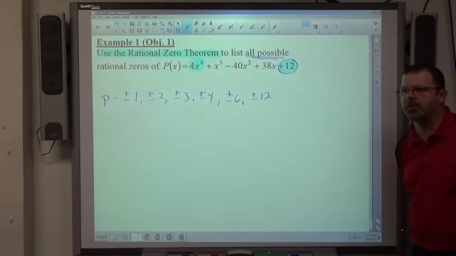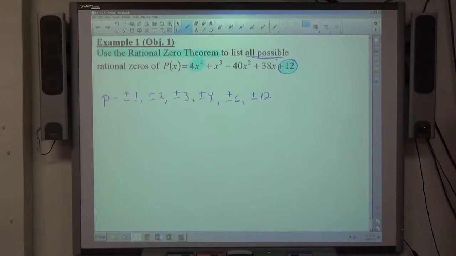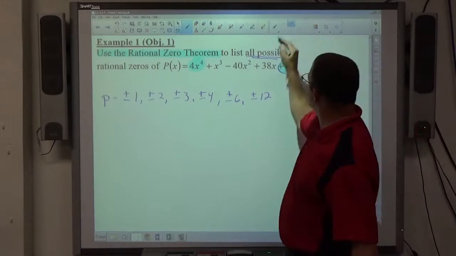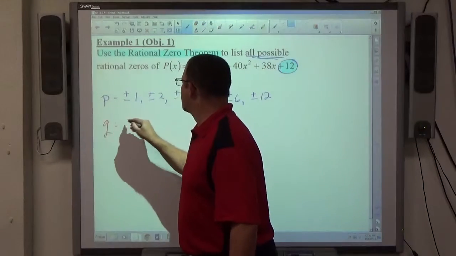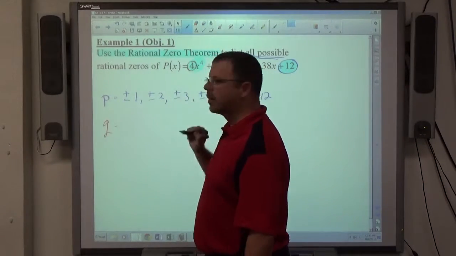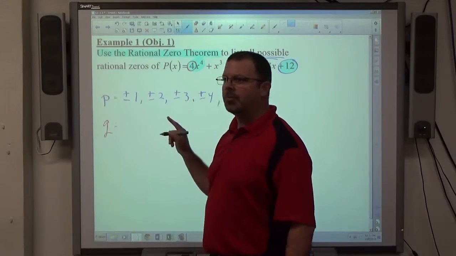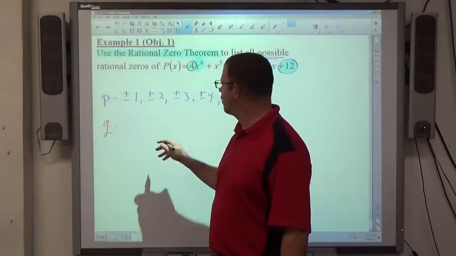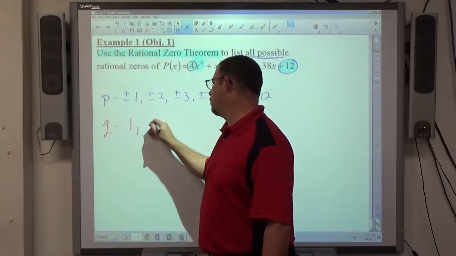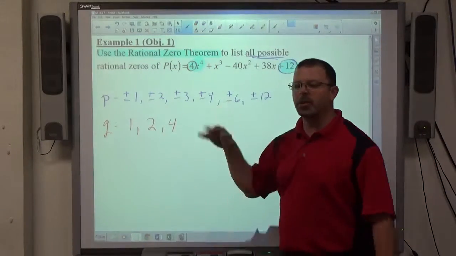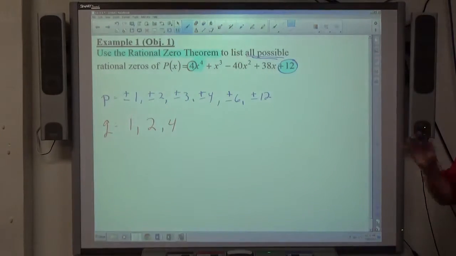So we list every single number that divides into 12 and put a plus or minus in front of it. Q is all the factors of 4. I'm not going to put pluses and minuses in front of these, I'm just going to put the numbers. The only numbers divided into 4 are 1, 2, and 4. The reason I'm not going to put plus or minus is that I've already dealt with that with P.